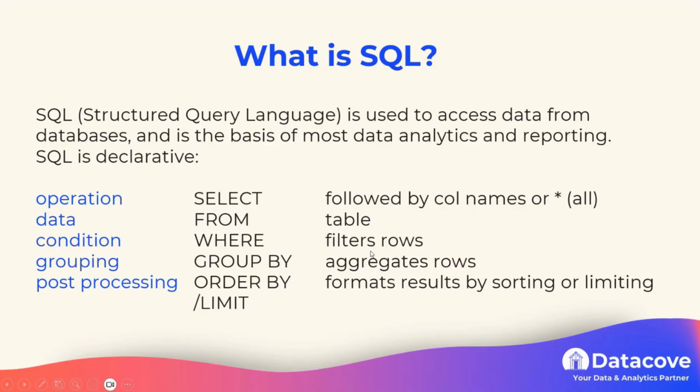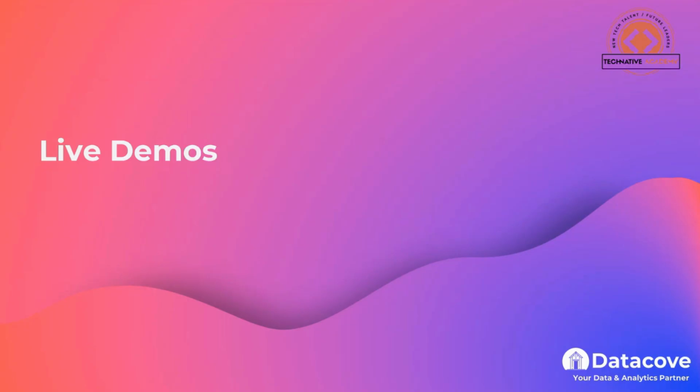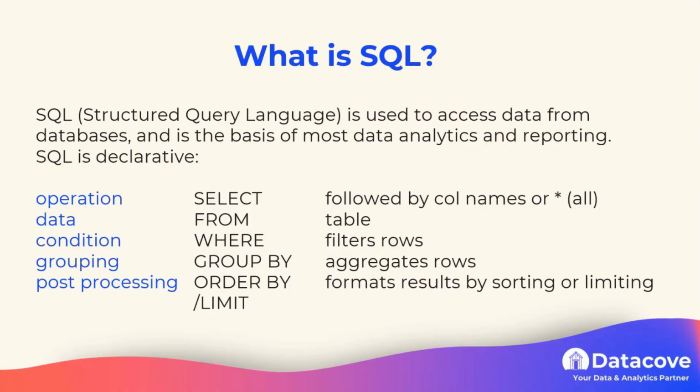We can also group it. That would be the next layer. You can GROUP BY one of the columns, and you can do aggregations based on that, like a sum or total, or other ways. Then at the very end is what we call post-processing. You can ORDER BY a column alphabetically or numerically, or you can LIMIT this to the top 20 results.